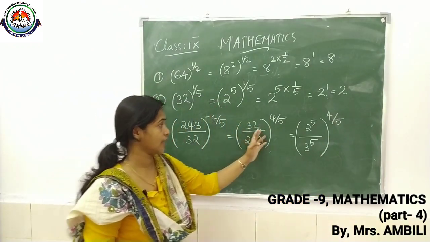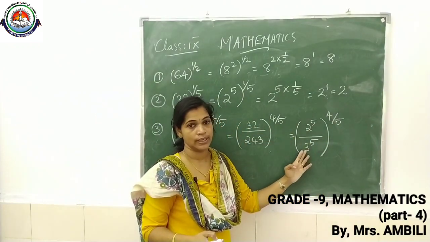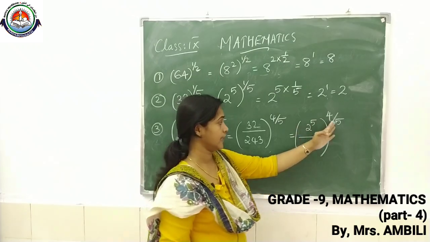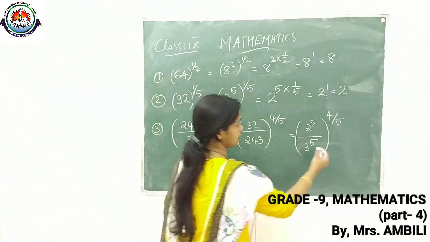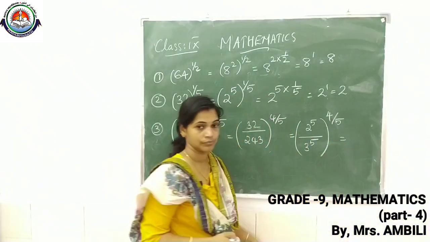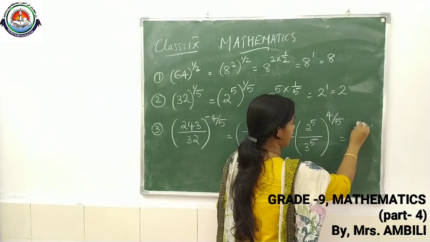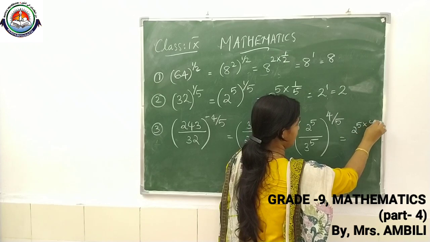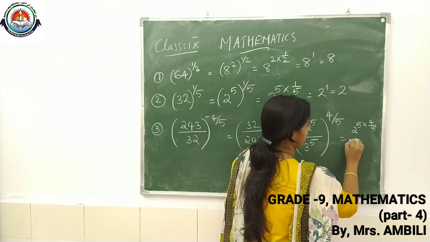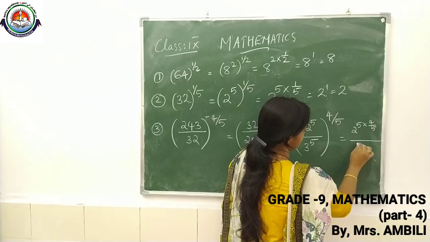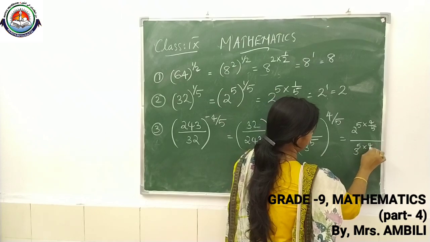Here we are using the laws of exponents. Here again we can change. How? I am writing here. We can separate this one. So 2 raised to 5 into 4 by 5 divided by 3 raised to 5 into 4 by 5.